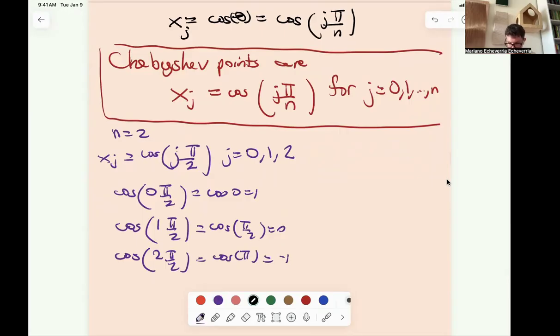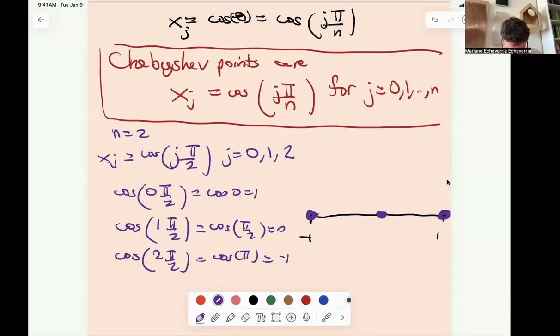So on the number line, on the interval from -1 to 1, the Chebyshev points are -1, 0, and 1. Those are the three Chebyshev points, and those are the max and the min.